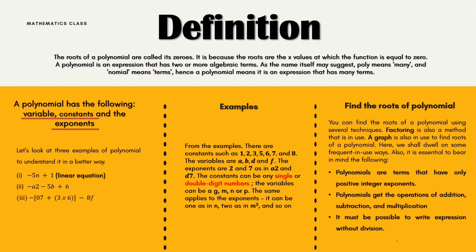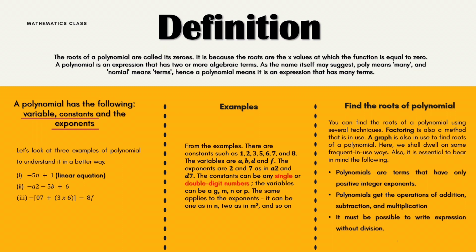From the examples, there are constants such as 1, 2, 3, 5, 6, 7 and 8. The variables are a, b, d and f. The exponents are 2 and 7, as in a to the power of 2 and d to the power of 7.